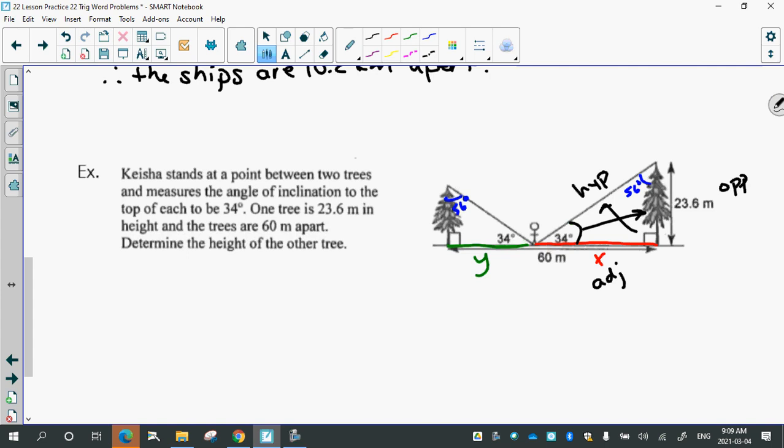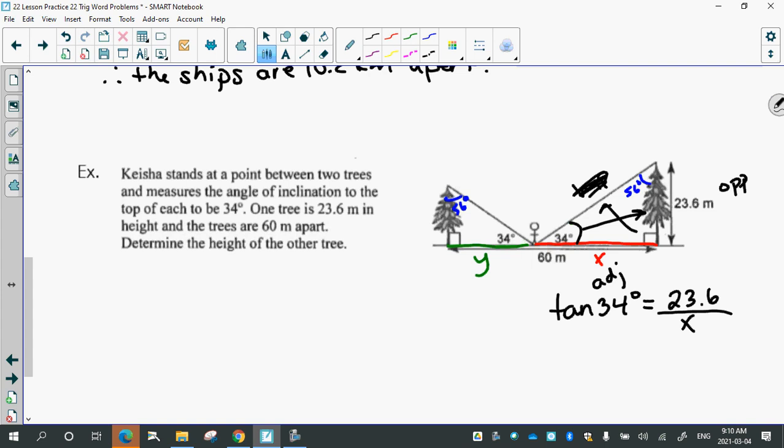Tan, okay? Because I want to find the adjacent and I have the opposite. So I want the one that has opposite and adjacent. So tangent of 34 degrees is equal to the opposite, which is 23.6, over the adjacent, which is x.